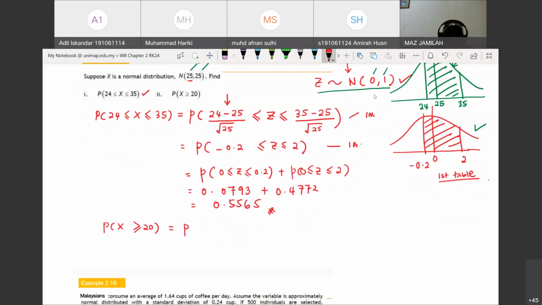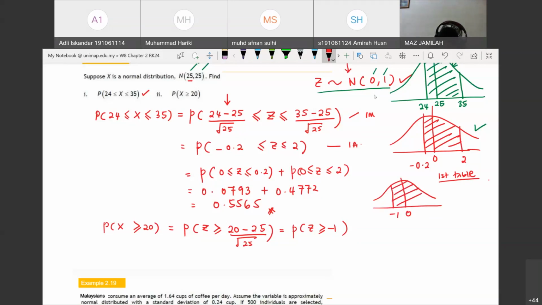This will be P of Z greater than or equal to 20 minus 25 divided by the square root of 25. If you calculate that, you will get negative 1. So the area that we are talking about is from negative 1 onwards.